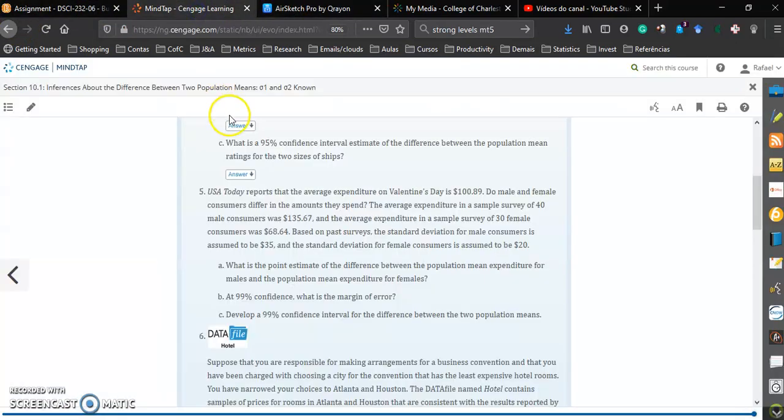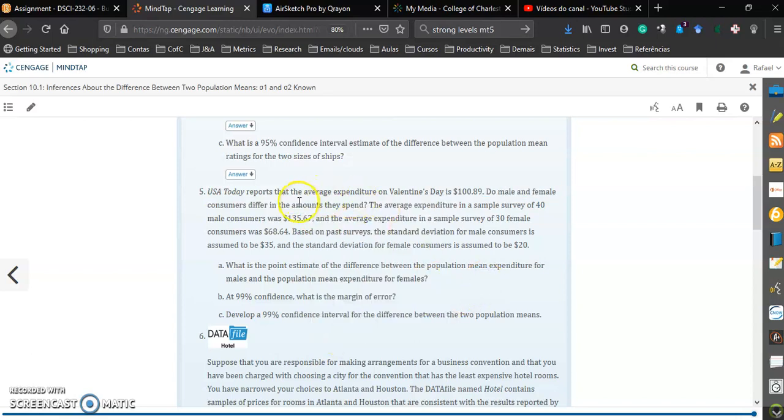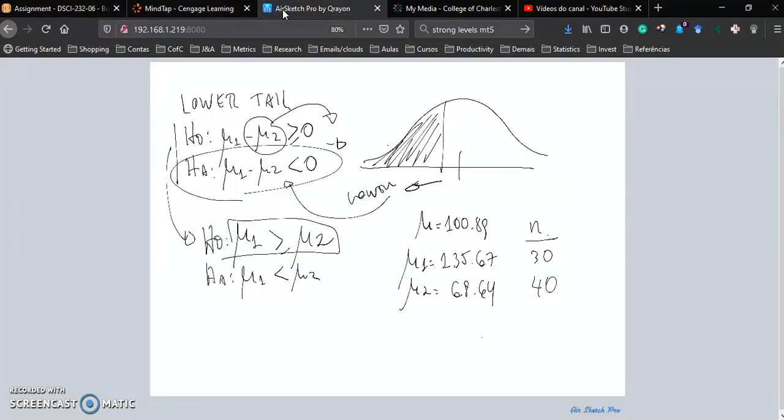So the question here is, do male and female differ in the amount they spend? It's not saying that male consumption is higher, that males spend more, or females spend more. It's simply that they differ. So if I'm doing the hypothesis, let me go back to the slide so I can make a connection.